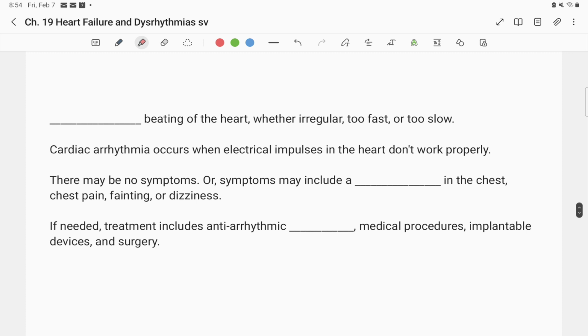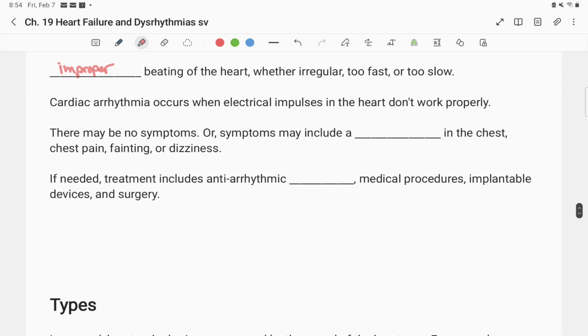All right, cardiac dysrhythmias, also known as an arrhythmia. Okay, so with dysrhythmias, it is improper beating of the heart, whether irregular, too fast, or too slow. Cardiac arrhythmias occur when electrical impulses in the heart do not work properly.